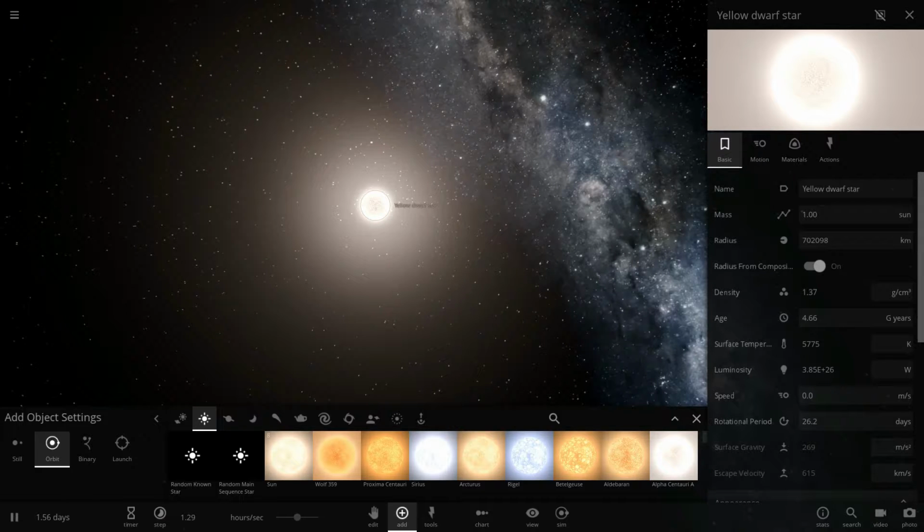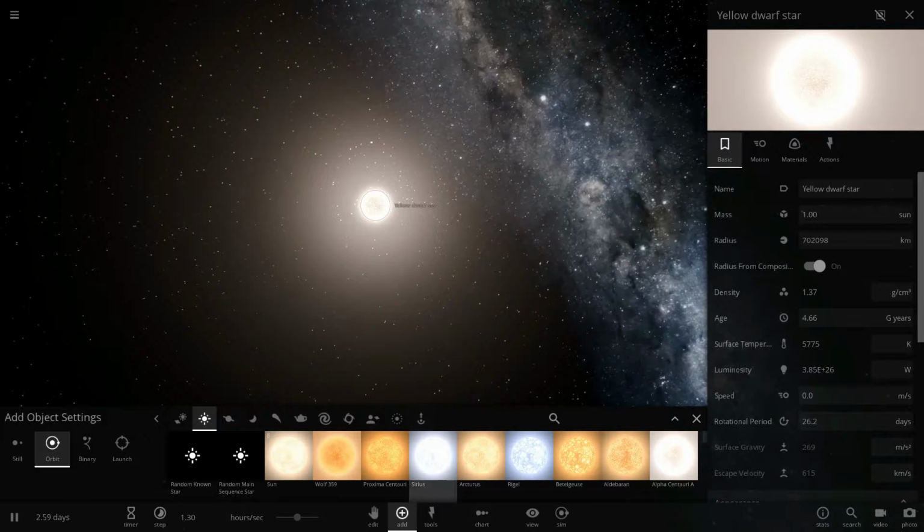And again, like I said, if anybody wants to argue no, the Sun is a white main sequence star, it is not. It has been confirmed. It is a yellow main sequence dwarf star.